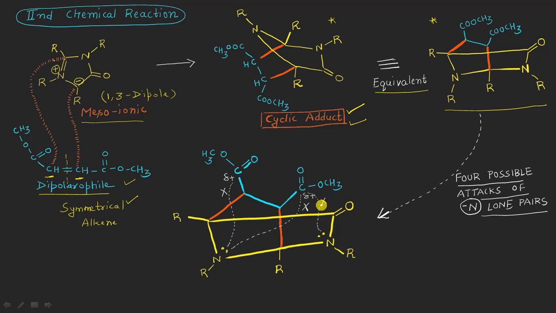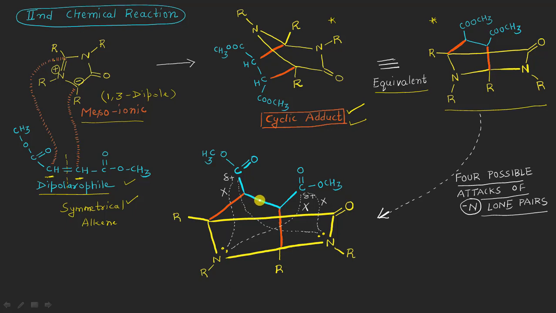And now we are left with the last possibility, and it will be like this nitrogen lone pair attacking on this carbonyl of this ester functional group, such that it will result in the formation of 1, 2, 3, 4 and 5 here, okay? So it will result in the formation of a more stable 5-membered ring structure from this side, as well as 1, 2, 3, 4 and 5, okay?